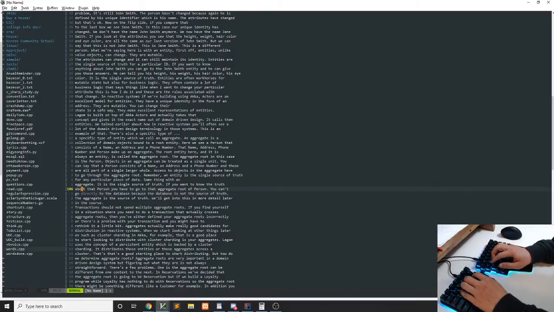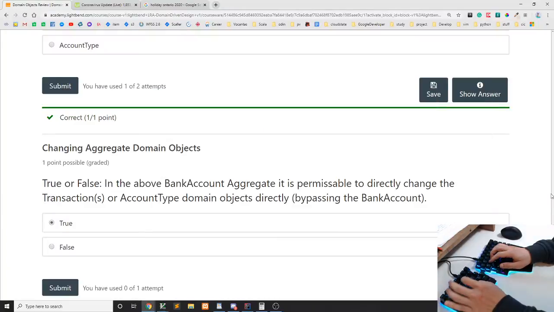It is a single source of truth. If you want to know the truth about that person, you have to go to the aggregate root of the person. You can't go directly to the database.